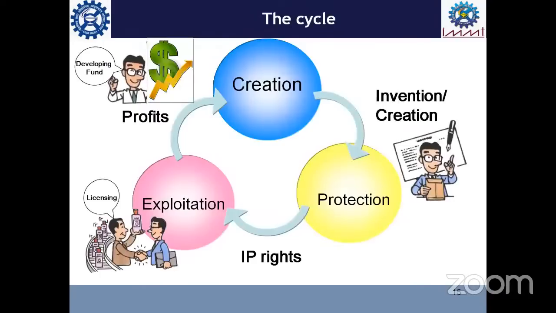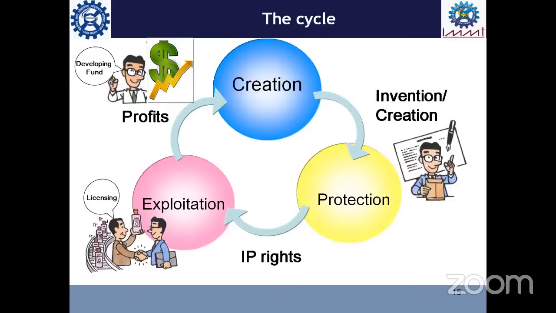So here comes a cycle of activity. Through your ideas which have got some potential, by adding some creativity, you should create something new. Maybe an invention, maybe an innovation. And as a society, we are very efficient in the creation part of the activity.